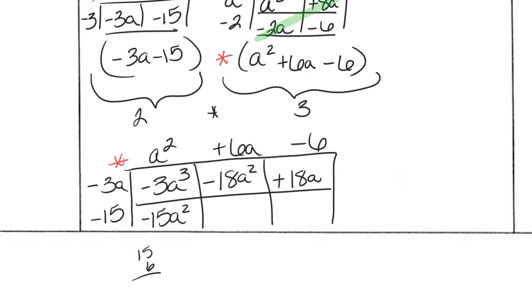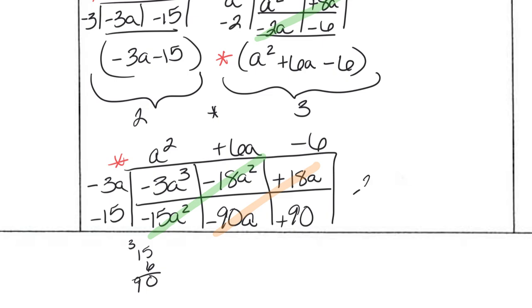15 times 6 is 90a, and negative 15 times 6 is negative 90. Negative times negative makes a positive. I've got a bigger box, so I do want to check my diagonals.